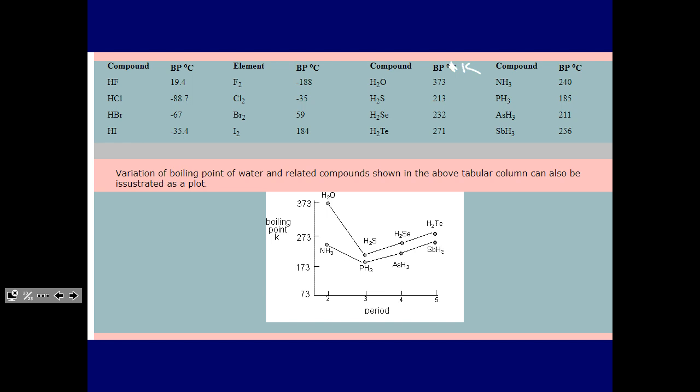Same thing with the ammonia. NH3 drops way down, and as we move up its homologous series, and we're putting phosphorus and arsenic and antimony, again, it doesn't quite get up to that particular temperature. We see the same thing. It's not on there, HF, 19.4. That might be degrees Celsius.